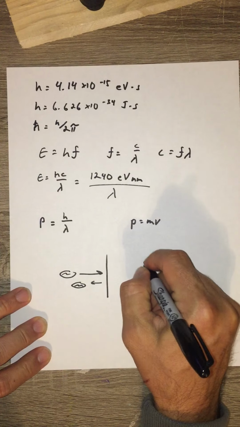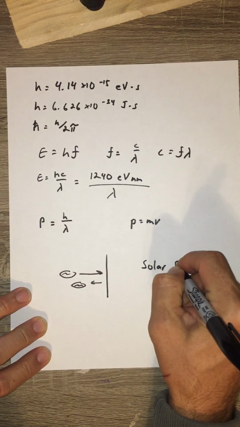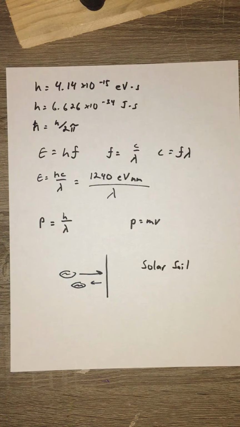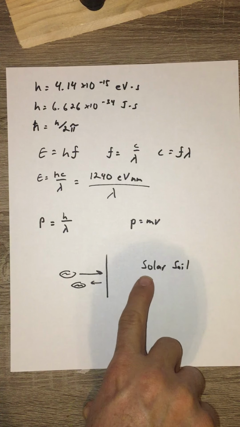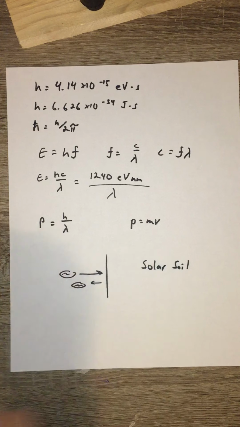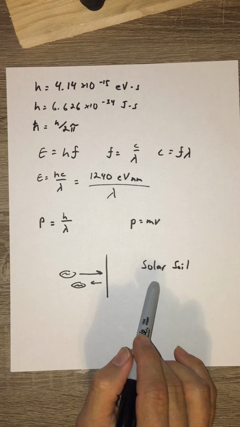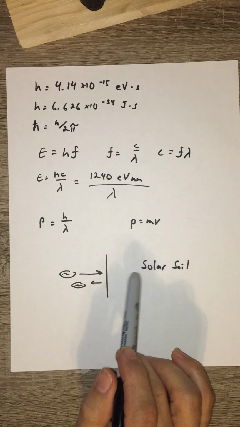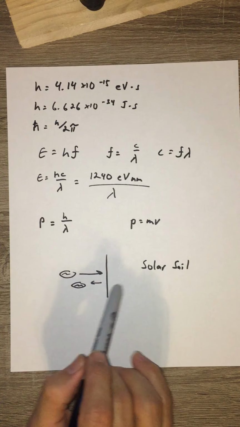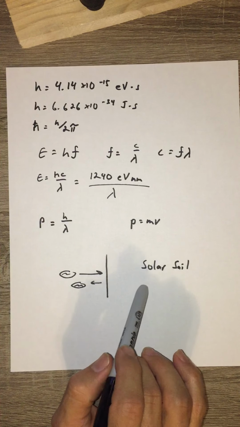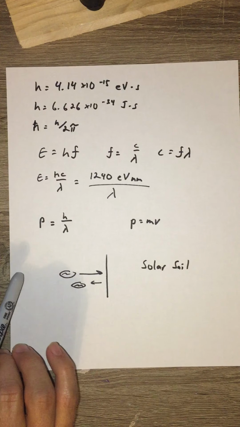So if you've ever heard of something called a solar sail, this is an idea that actually has been utilized somewhat to attach a large sheet of reflective material to a spacecraft and use the actual photon momentum from the sun bouncing off that solar sail to propel a spacecraft.